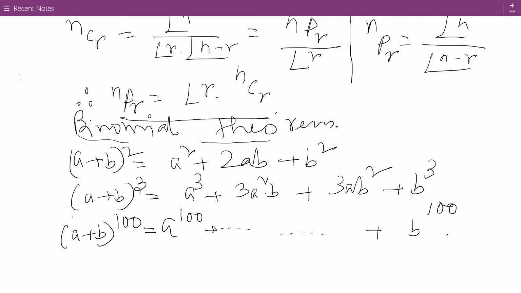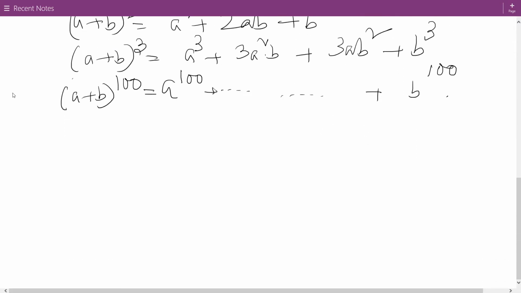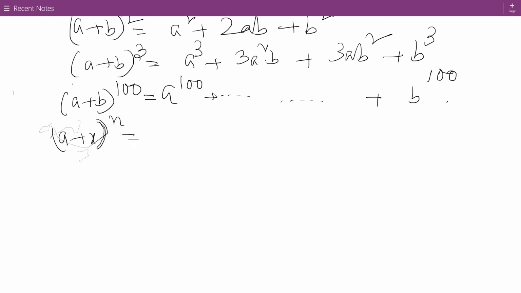Now we can generalize this expression; we can write the expression in this way. Say we consider A plus X whole to the power n.